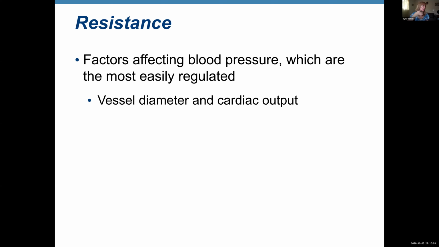It can be regulated by the endocrine system, by the nervous system, and by some local chemicals that we will talk about in a minute. But cardiac output, from the previous lecture, we know, equals stroke volume multiplied by heart rate.